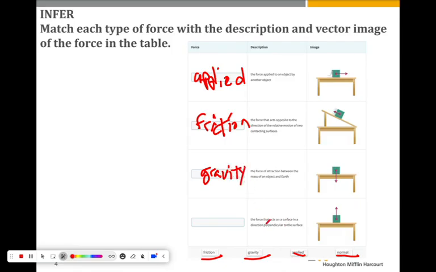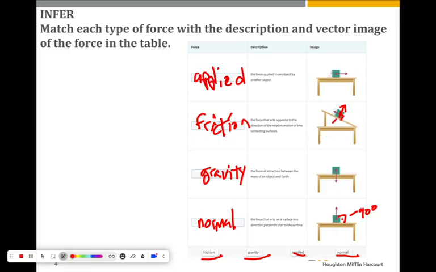And the force acting on a surface in a direction perpendicular to the surface, we see the table pushing against the box, is called normal force. It's perpendicular, so this is always at a 90-degree angle with the surface, whether it's a ramp, it would still be a 90-degree angle here.